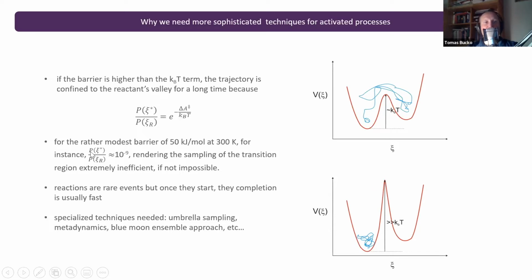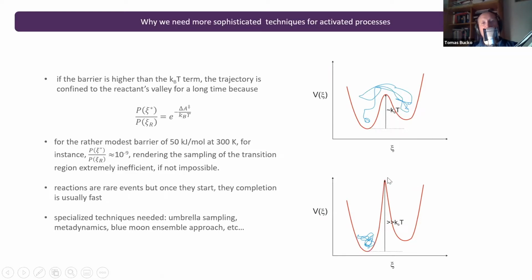Let me give you an example. Let's consider a rather modest barrier of 50 kilojoules per mole. I mean, this is not particularly high. You easily find reactions where the barriers are over 100 kilojoules per mole or even 200 kilojoules per mole. Now let's consider a temperature of 300 K. Using the relation between densities and free energy, you easily find that the ratio between the probability density at the top of the barrier and the reactant is 10 to minus 9.